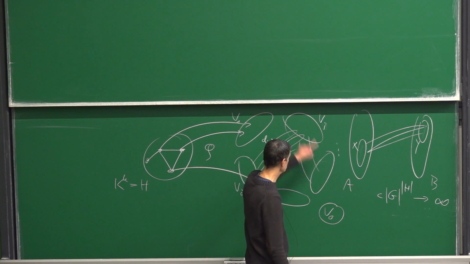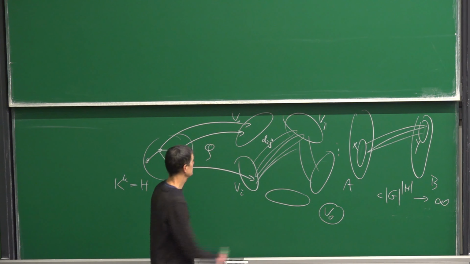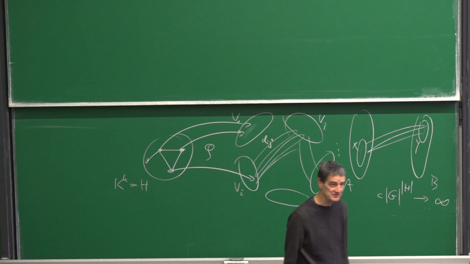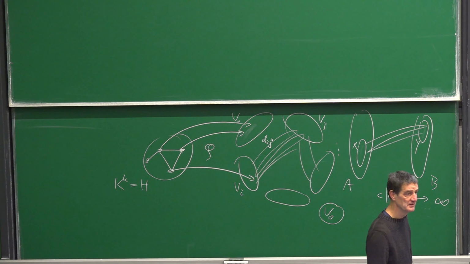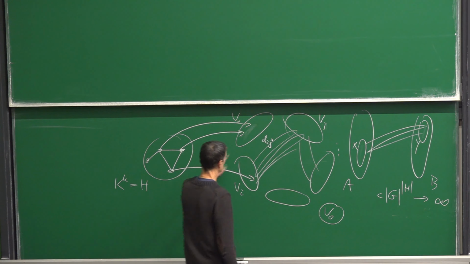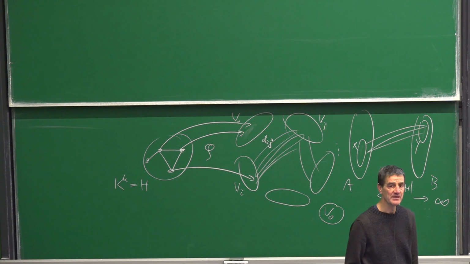All the vertices must come to sit in different classes. We can't have two vertices mapped to the same class because we're not assuming that there is any edge there. We can't count the number of copies of H that do that because we have no knowledge or assumption about any edges there.